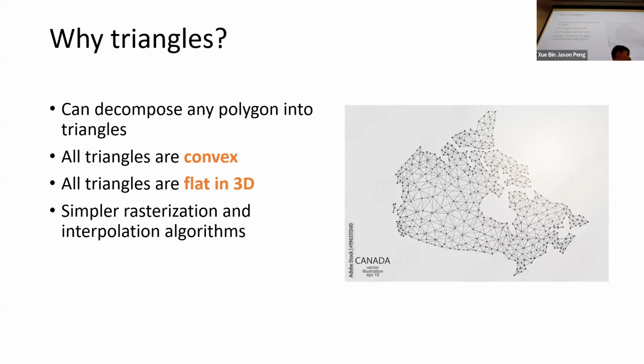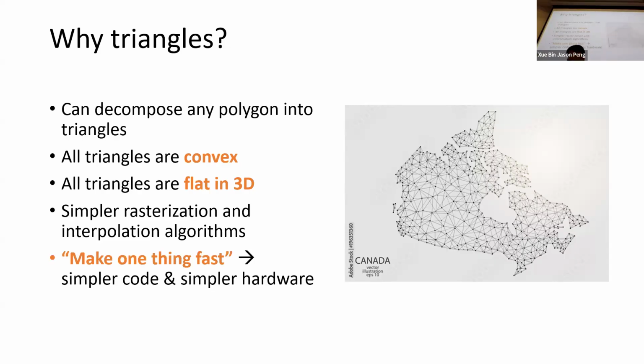When we are implementing different geometry processing algorithms, when we are implementing different rendering algorithms, if we are only working with convex and flat triangles, then this can greatly simplify the algorithms that we need for processing those meshes. We only have to design algorithms that work for triangles. And if all of our meshes are represented by triangles, then those algorithms will be able to be applied to any mesh that we construct.